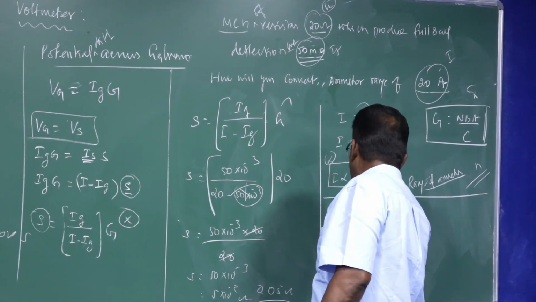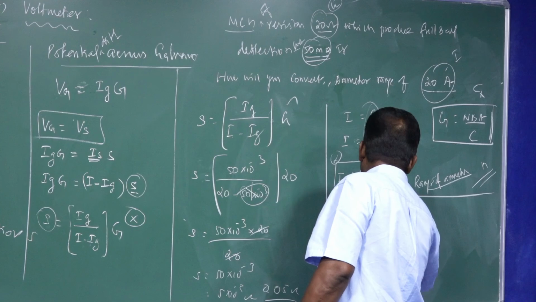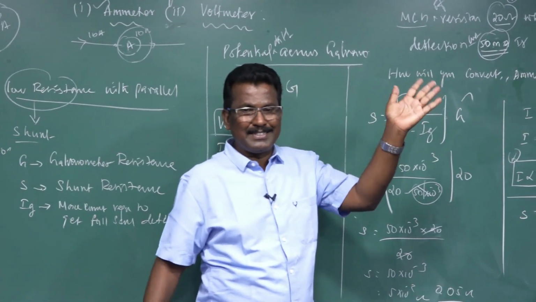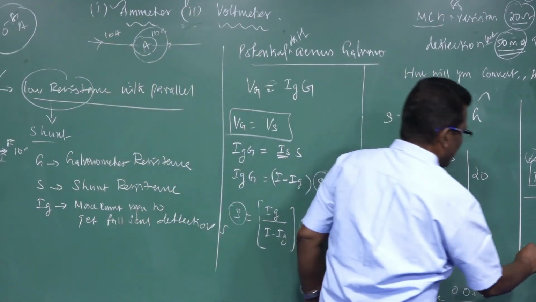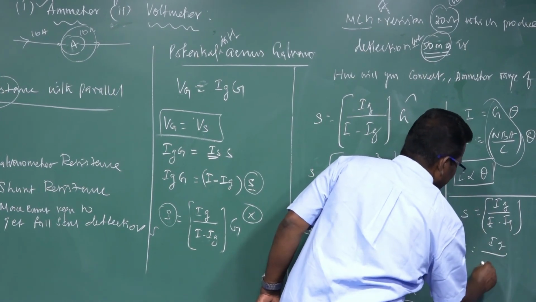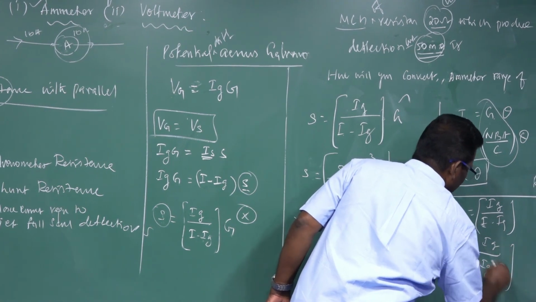S is equal to Ig divided by I minus Ig. The current increases n times: 1 ampere, 2 ampere, 3 ampere. So S is equal to Ig divided by n Ig minus Ig.